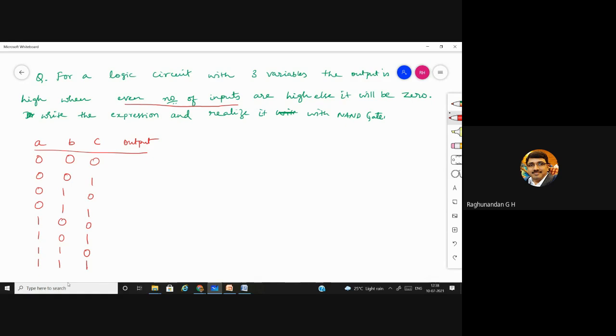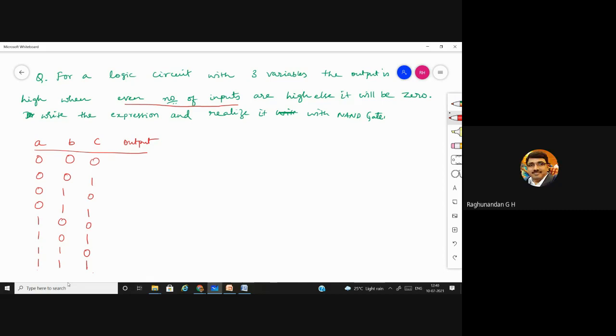So what will happen if all the 3 inputs are high? Can we make the output high? If 2 inputs are high, then output is high, right, sir?